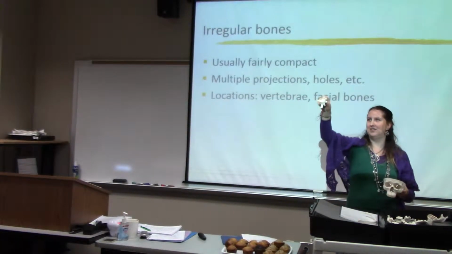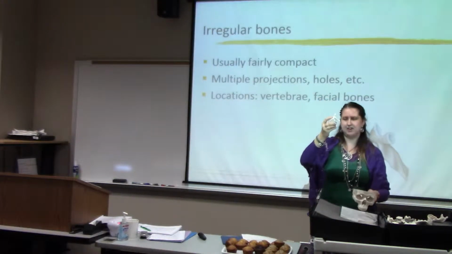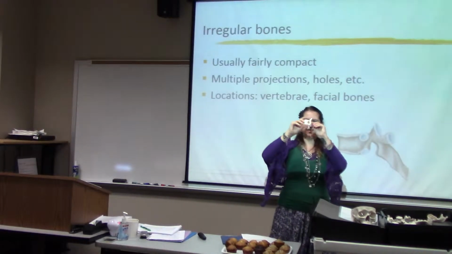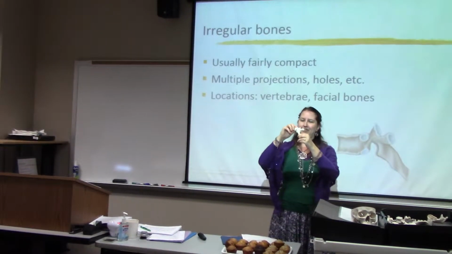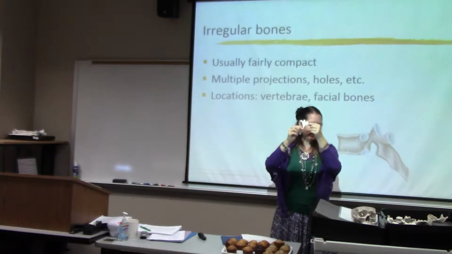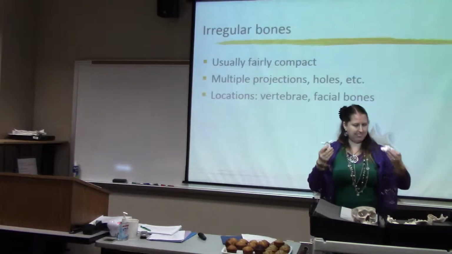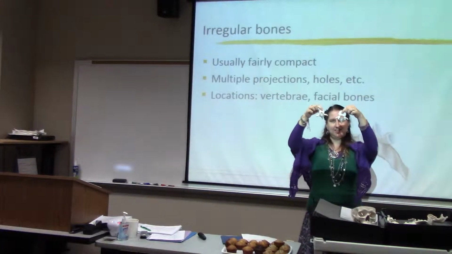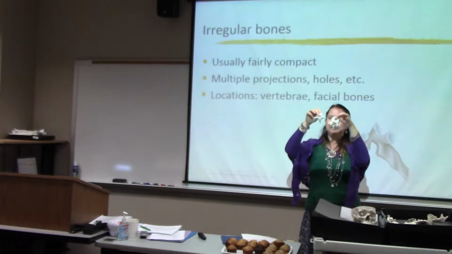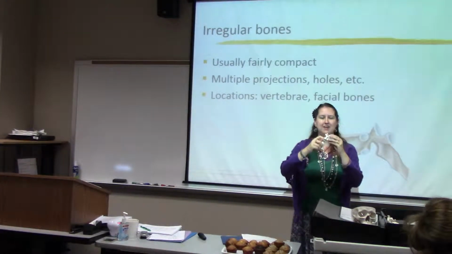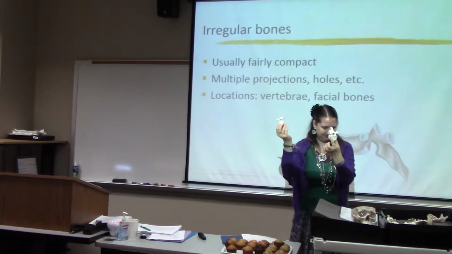Vertebrae are also irregular, and they are pretty distinct as such. They've got a big hole, a bunch of different spikes, generally symmetrical, but not an easily defined shape.